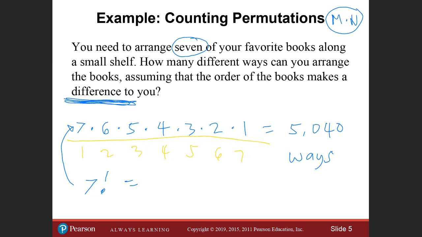Enter again, and you will have the answer. The answer would be the same, 5,040 ways. So it's just the same: 7 factorial, or 7 times 6 times 5 times 4 times 3 times 2 times 1.